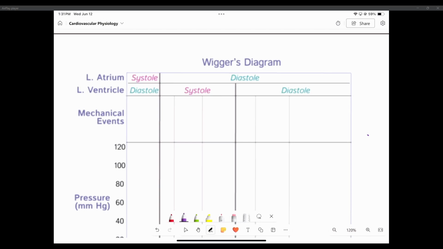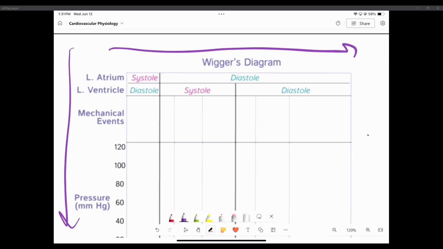So this is the Wiggers diagram. If you can understand this diagram, going in this direction and working your way down, it's a great thing for this unit as far as the cardiac cycle is concerned and understanding how things work. A couple of things when we get started.